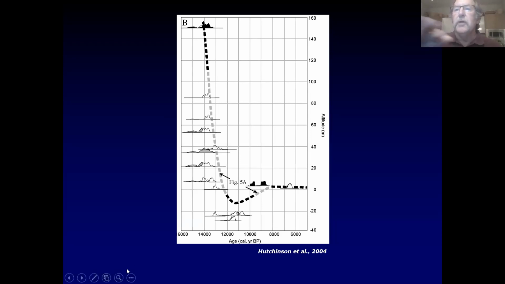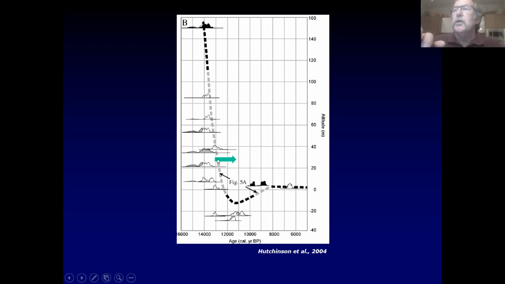Well, you can measure it right off here. It's right about there. Or there, sorry, 30 meters. 20 to 30 meters. So at that time, when the sea surface was 20 to 30 meters above sea level, we have an age of just under 13,000 years.